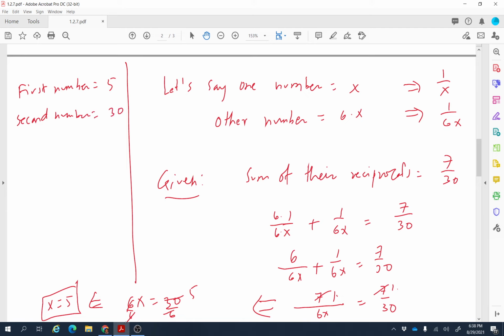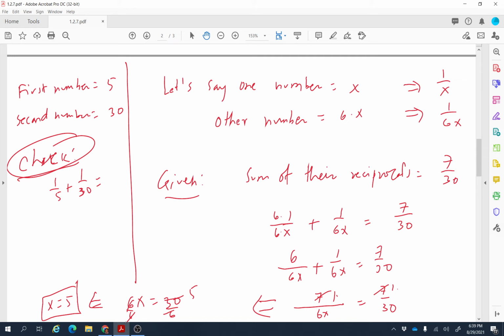Now you can always check by adding their reciprocals, which means 1 over 5 and 1 over 30. You have to make the same denominator again. You can multiply the first one by 6 on the top and 6 on the bottom.